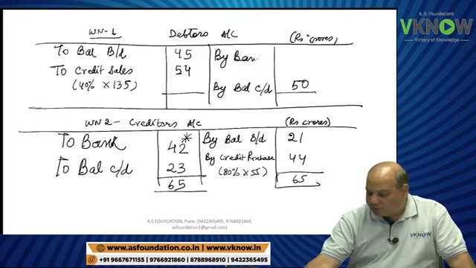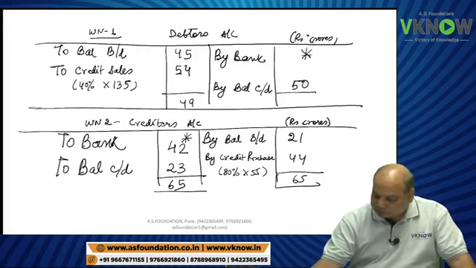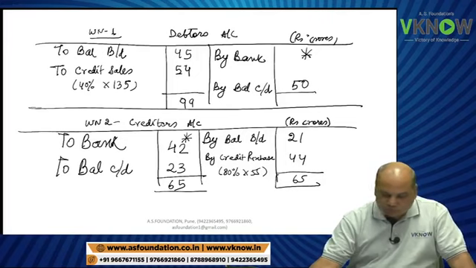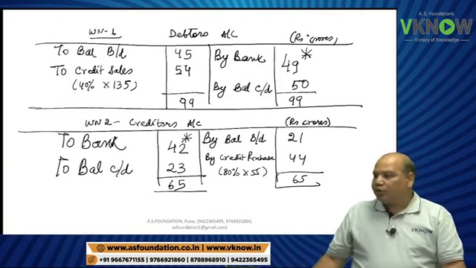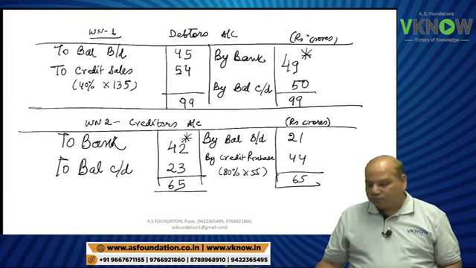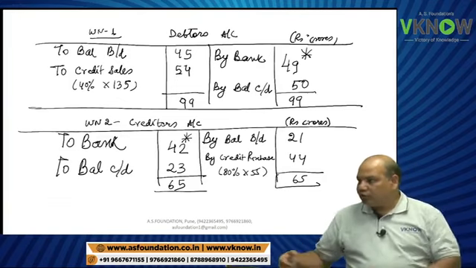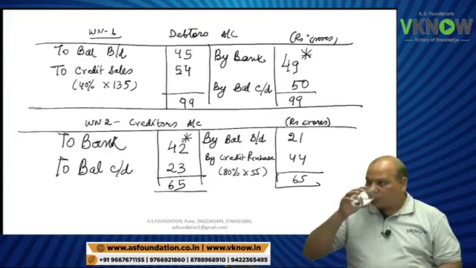By bank, balancing figure, 49. 49 crore is the collection. Check the answer. 49 crore is collection, 42 crore is payment.